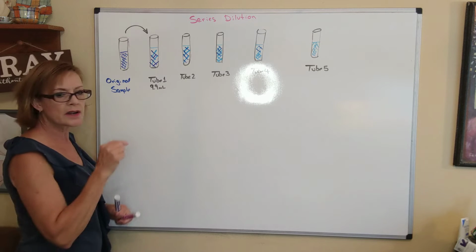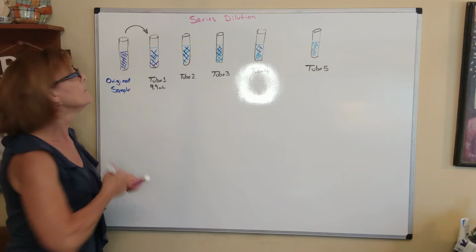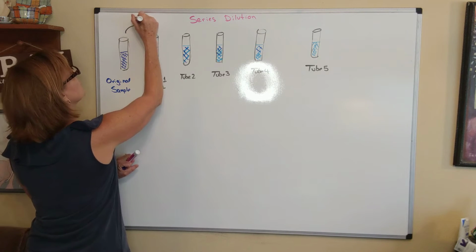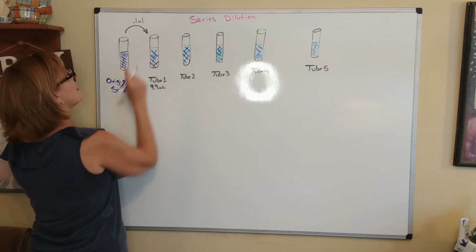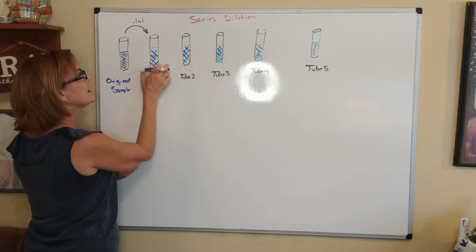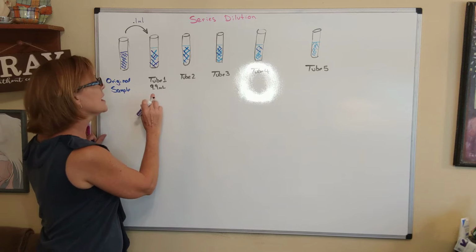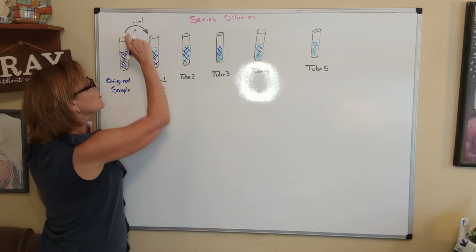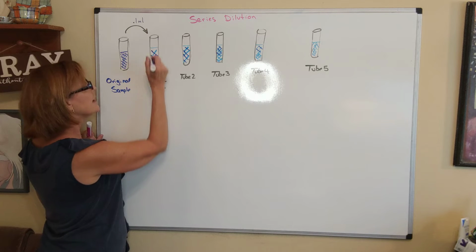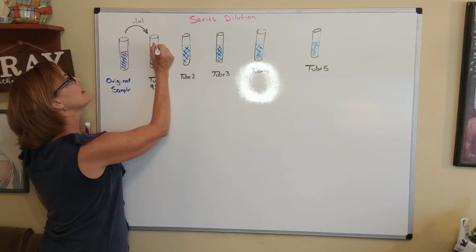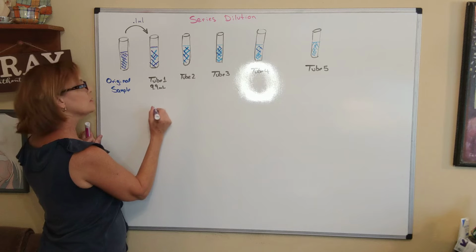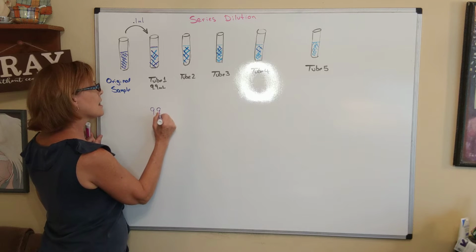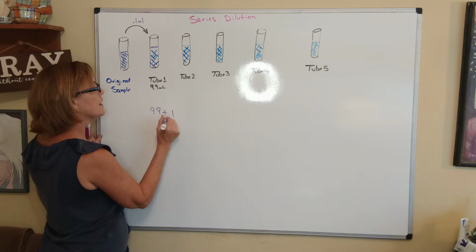So let's just say we're going to take 0.1 milliliter of the original sample, and we're going to put it into this test tube that currently has 9.9 milliliters of water or something like that. So once I add 0.1 milliliter in it, now it went up just a little bit, right? So now the total amount is 9.9 plus 0.1 milliliters.